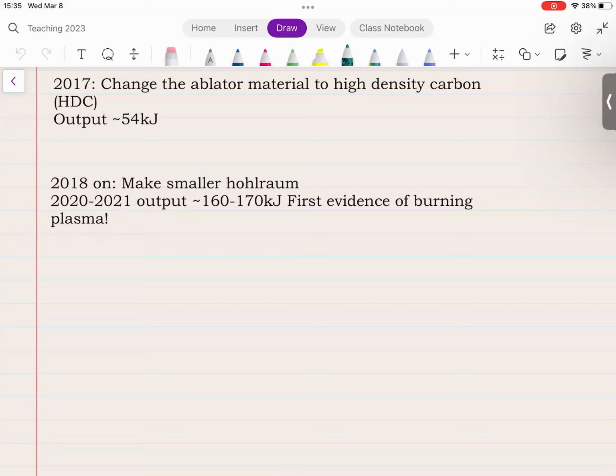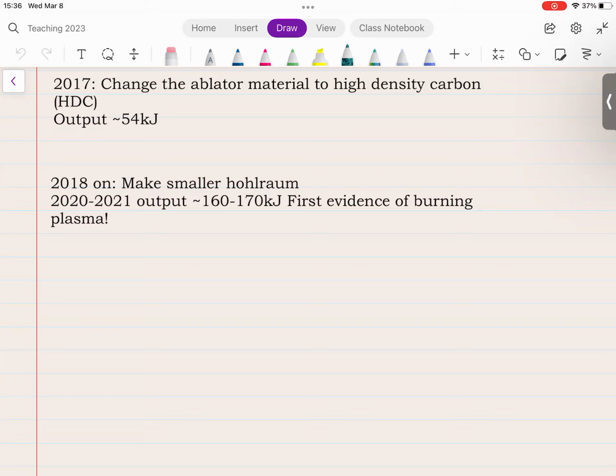Okay, then what was finally done, the last shots, and actually the ignition criterion was exceeded in a shot.